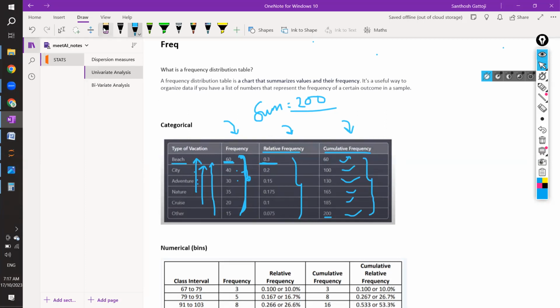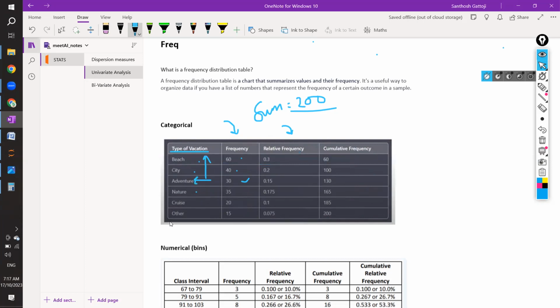If these are the outcomes of an event called type of vacation, the cumulative frequency of a particular outcome will be its frequency plus the sum of all the outcomes that have occurred before it.